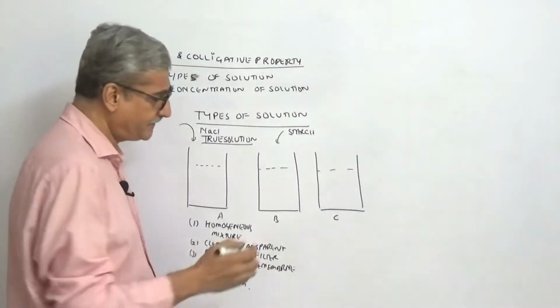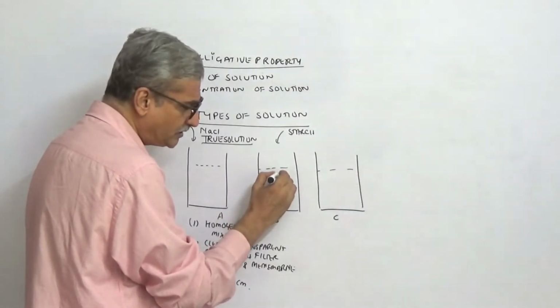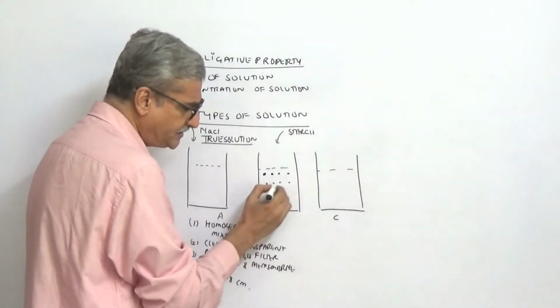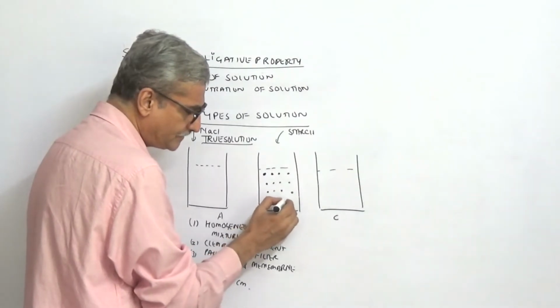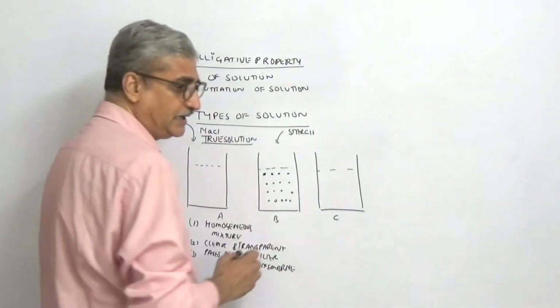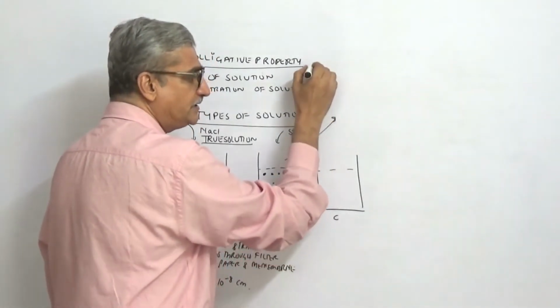I forgot the brand name. So if starch does not dissolve in water, what happens? Starch remains suspended in water. So this is not homogeneous. I'll write over here the properties: it is heterogeneous.